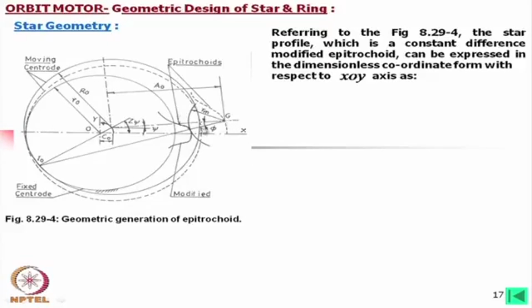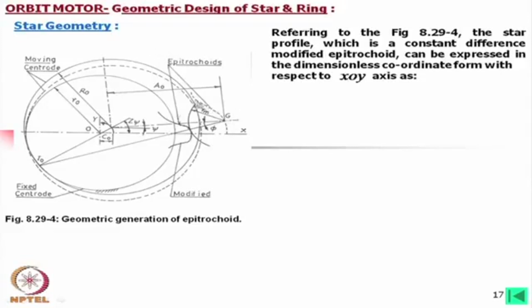We have taken a generating point outside this rotating circle. Let us consider that this is a hollow body, like a plate with a hole of this size made in it, and we have taken the generating point here. If the generating point is on the circle, we call it an epicycloid. Since we have taken this point outside, it is called an epitrochoid.